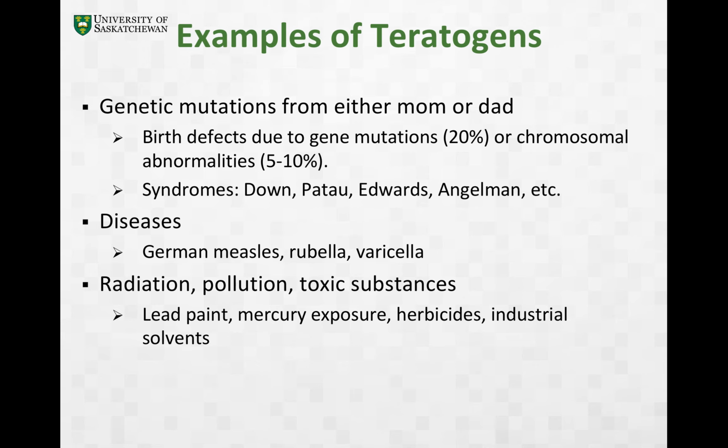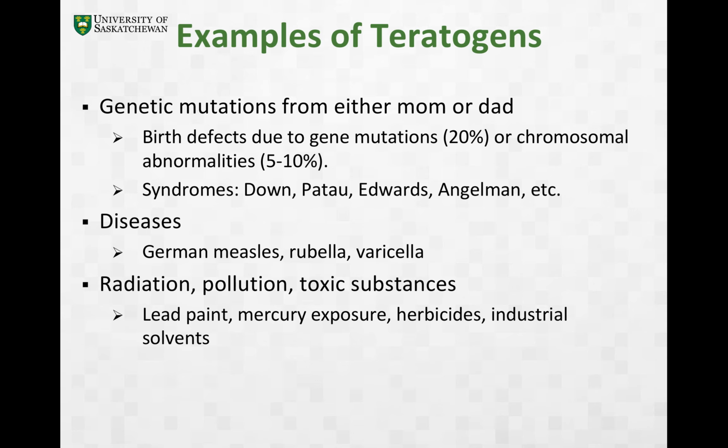Now, just a slide ago, I talked about the fact that poverty is correlated with more exposure to teratogens. Well, in many apartment buildings, especially in the United States, lead paint has actually not been removed from many of these apartments, especially in lower income areas. And so that is a major contributing factor for teratogen exposure for pregnant mothers.